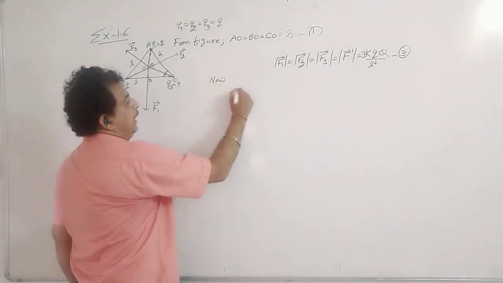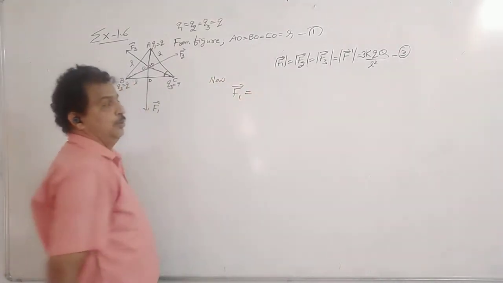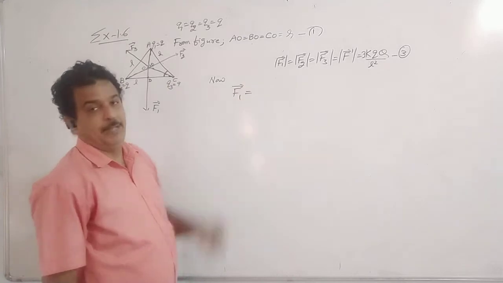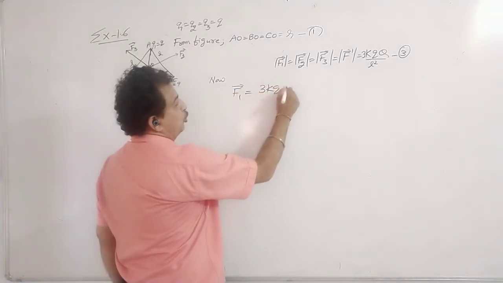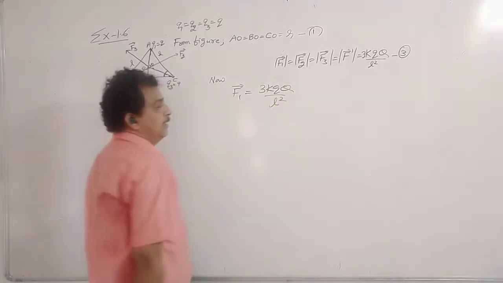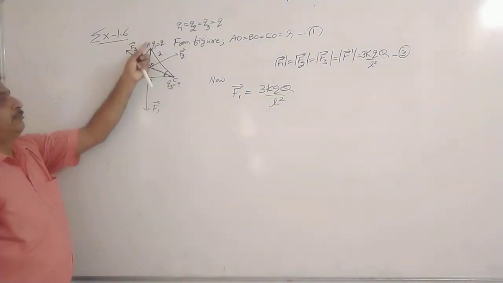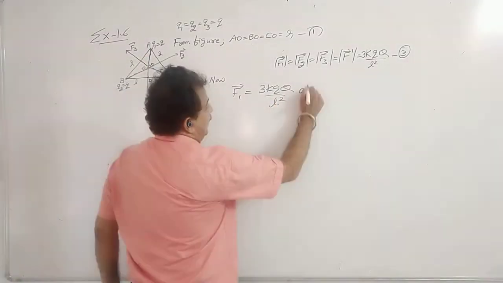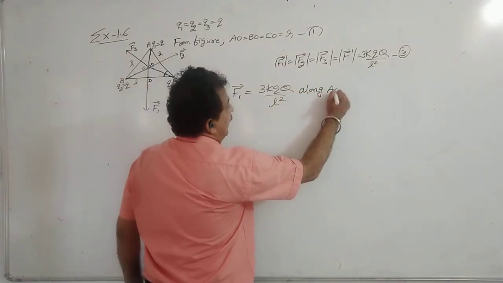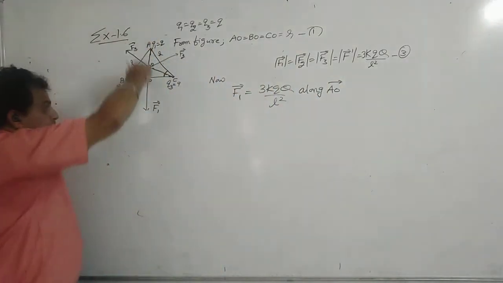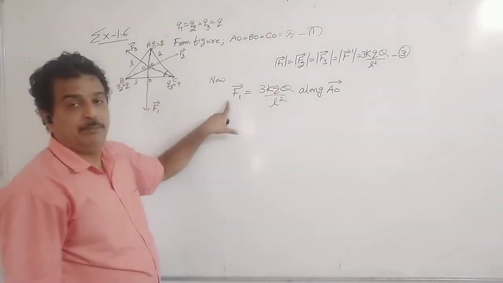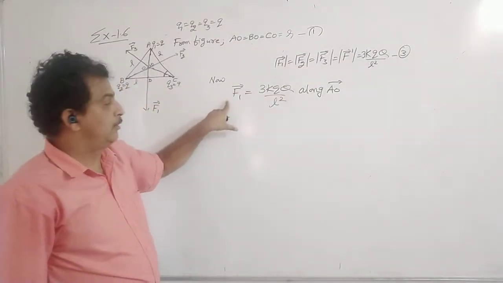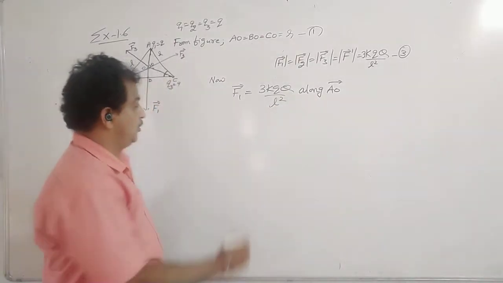Now F1 vector is equal to, now this is the magnitude and I am writing F1 vector, so 3KQQ upon L square. And if I see the direction from the diagram, it is along AO vector, from A towards O, so along OA vector. So now I am writing Coulomb's law in vector form, that is with its direction.